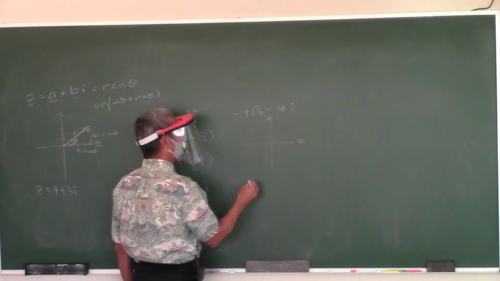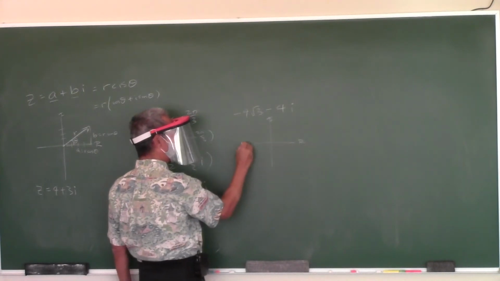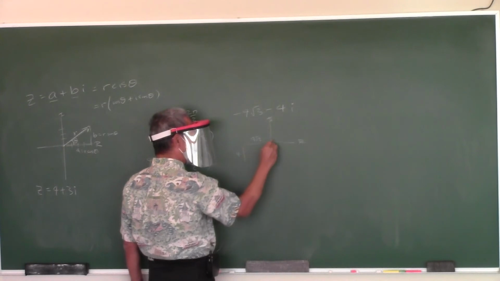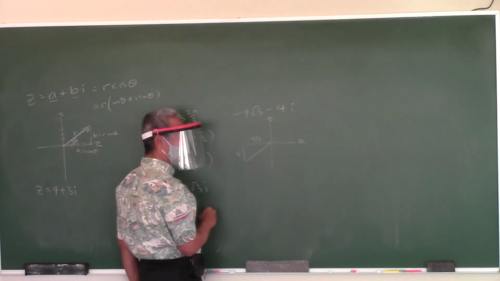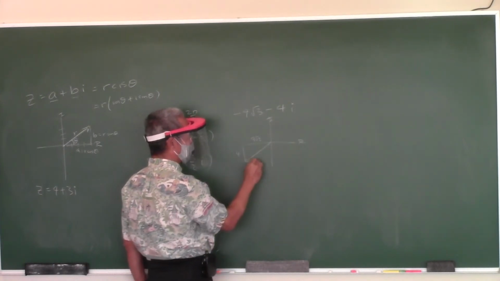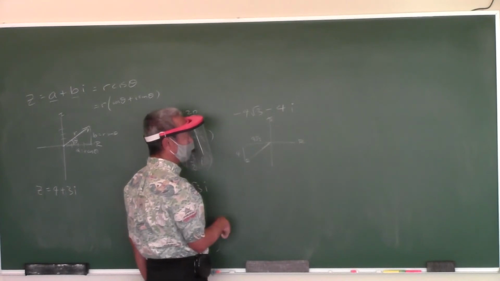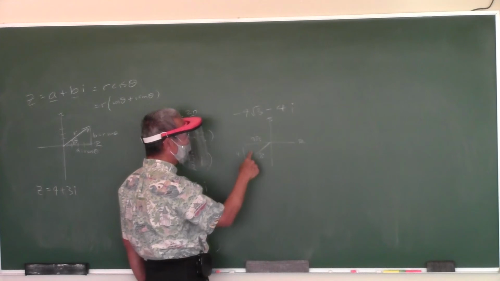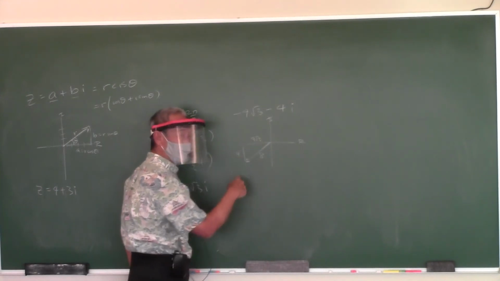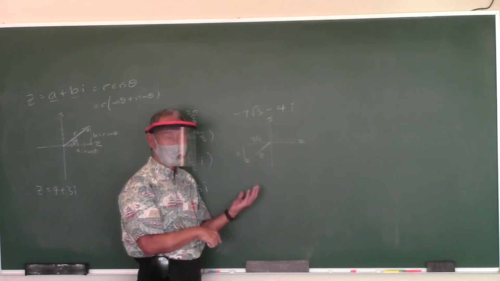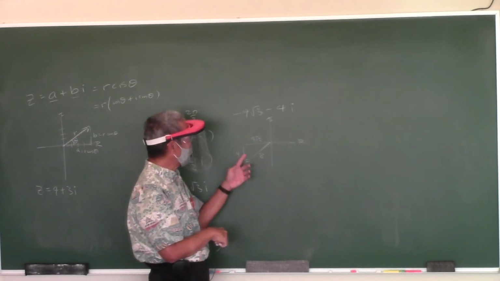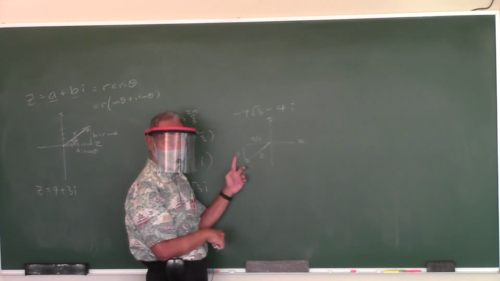That's what it is. So if I go 4 root 3 to the left and 4 down like this, how far from the origin am I? So here's the vector. What is the length of the vector? 8. How do you know it's 8? Because if one leg is radical 3 times the other, isn't this a 30, 60, 90 degree triangle? And in a 30, 60, 90 degree triangle, isn't the hypotenuse double the short leg?